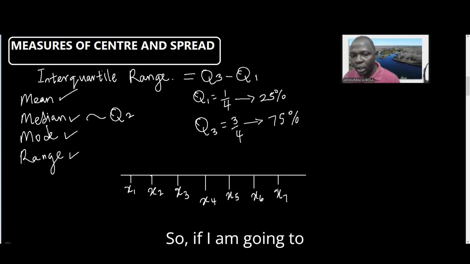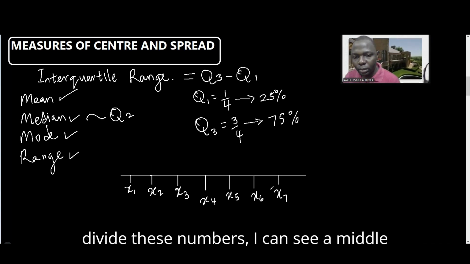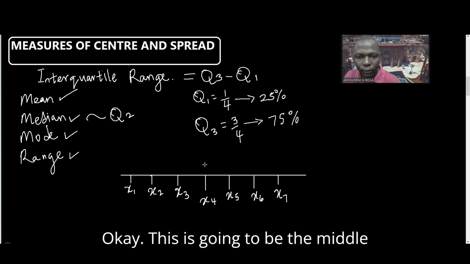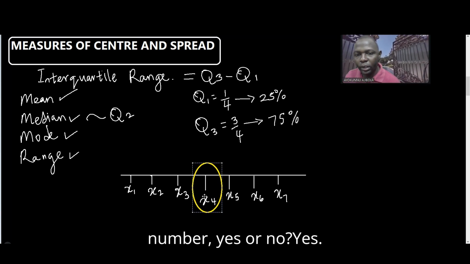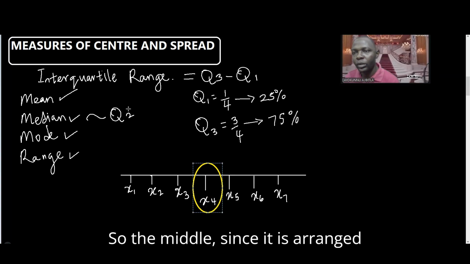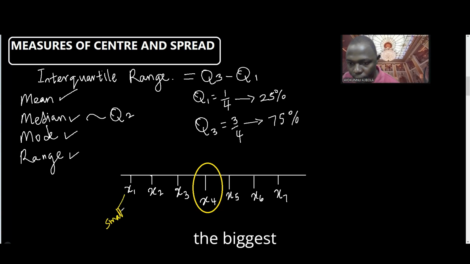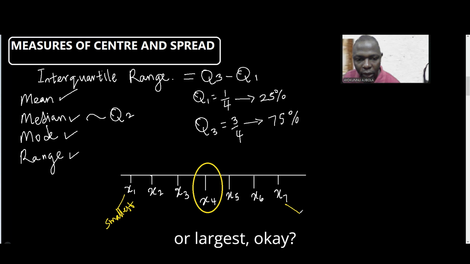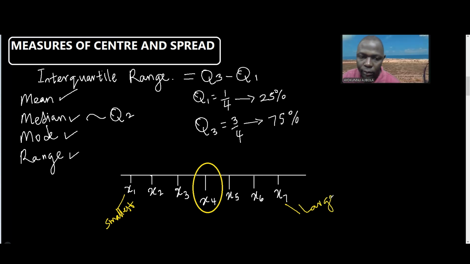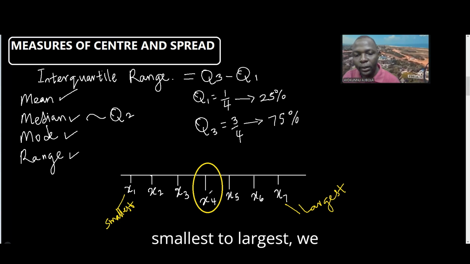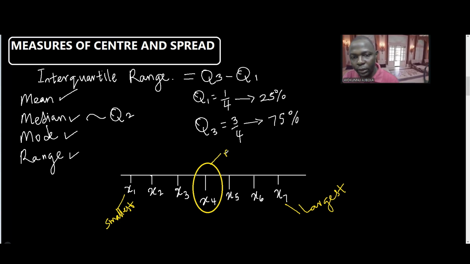So if I am going to divide these numbers, I can see a middle spot, right? This is going to be the middle number, yes or no? Since it is arranged from smallest to the biggest or largest, we find this as the median, okay?